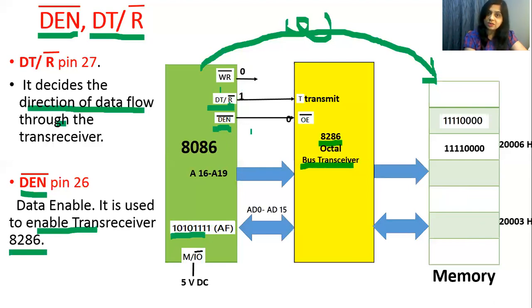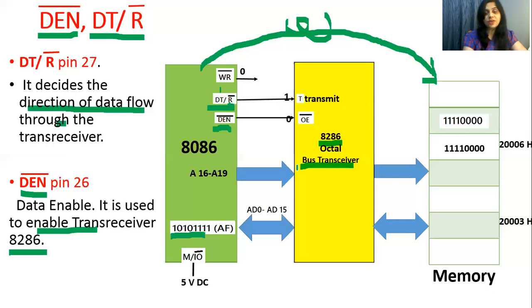First it will transfer 0 to this pin to activate 8286. Then it will transfer 1 on this pin, which is connected to the T, transmit pin of 8286, which indicates transmit. Logic 1 on this pin indicates a transmit operation or write operation. So this pin will transfer logic 1 to 8286.